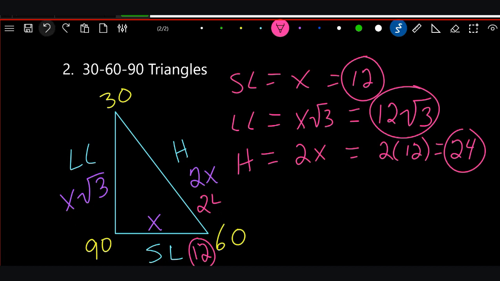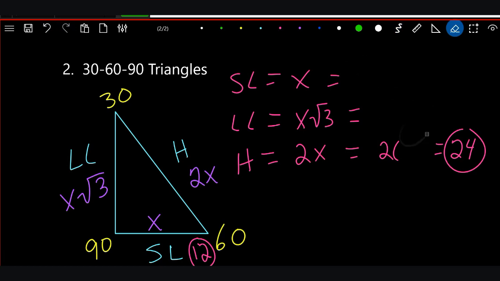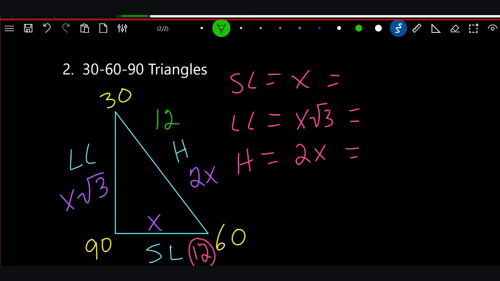Okay, well, how do we do this if we have something different other than the short leg? The short leg's the easiest one because that's the x. But we can still do it with the other pieces. So let's say that we know the hypotenuse. If you look at the B one, on this one they give us the hypotenuse is 12 this time. So 2x equals 12.